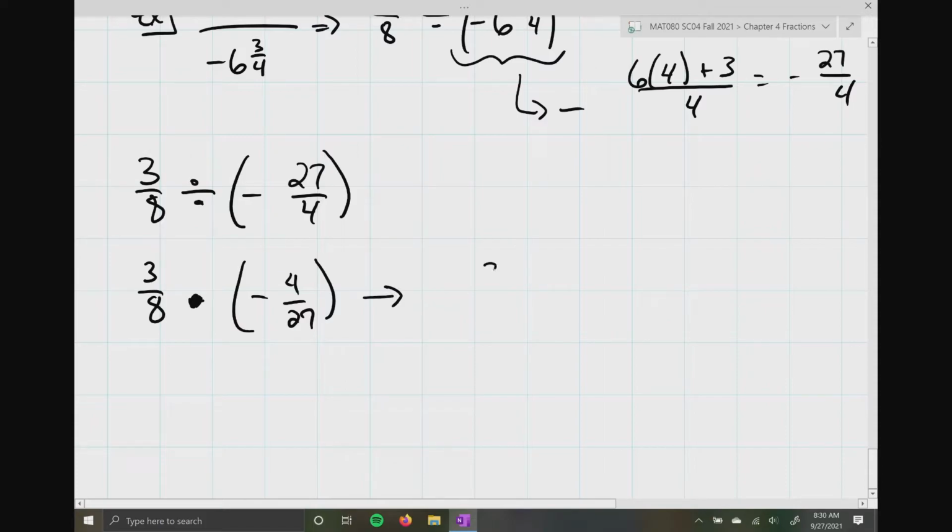The 3 prime stays the same. 8 is going to be 2 times 4, times the negative symbol, second fraction. 4, I'm going to leave the same, because in the first fraction I already have a 4. 27 is going to be 3 times 9.